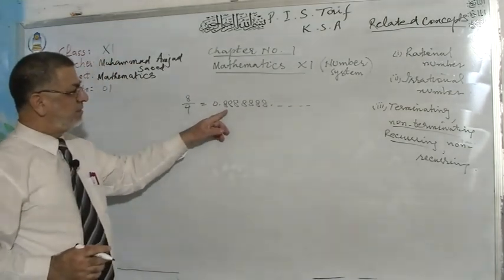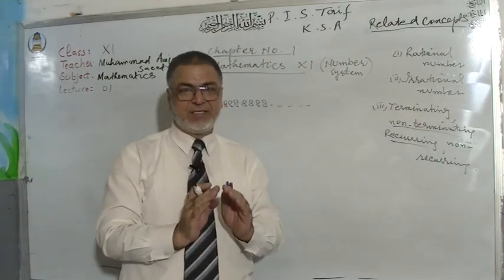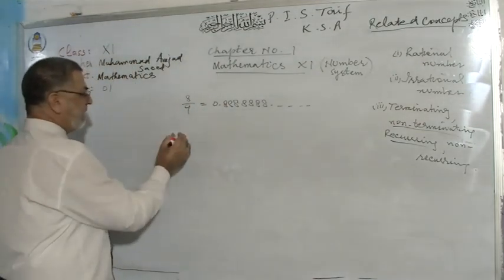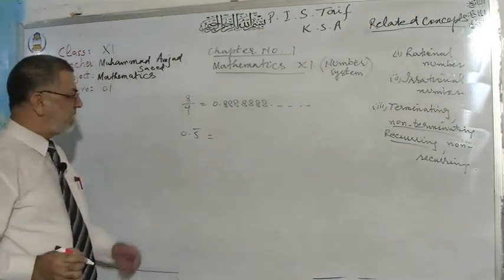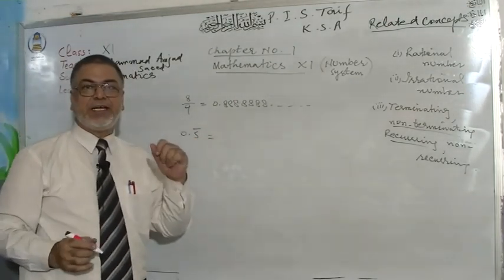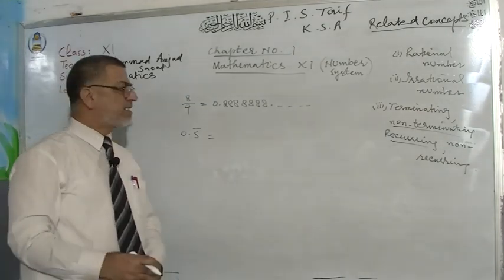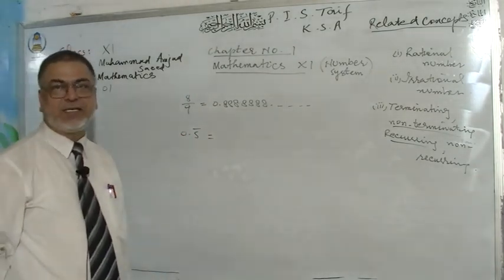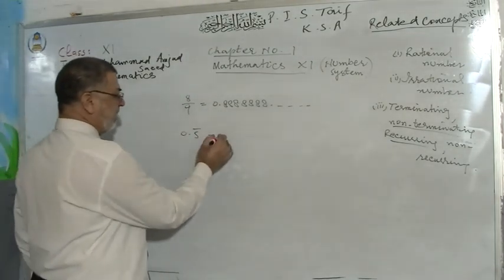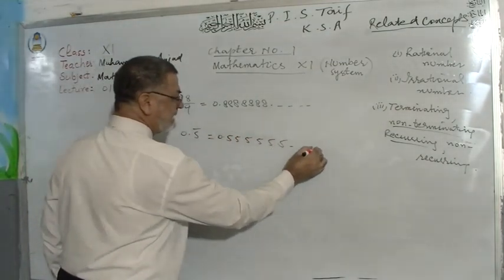Recurring means which is indefinitely repeated. For example, you have 0.5 bar. Dear students, you have seen this question in your chapter number 2, 9th class, exercise 2.1, and that was your last question. 0.5 bar means 0.5555555, like that.